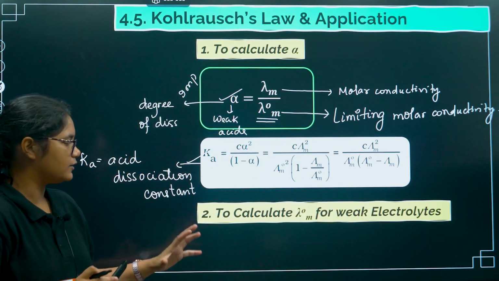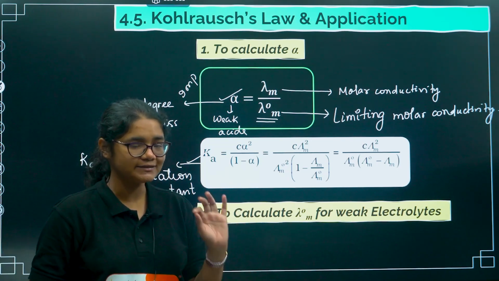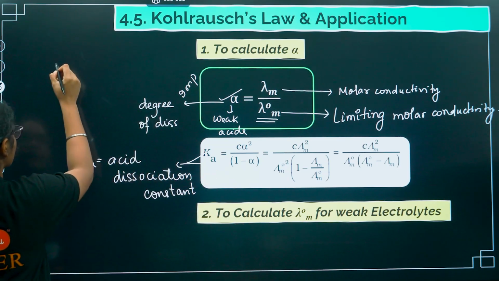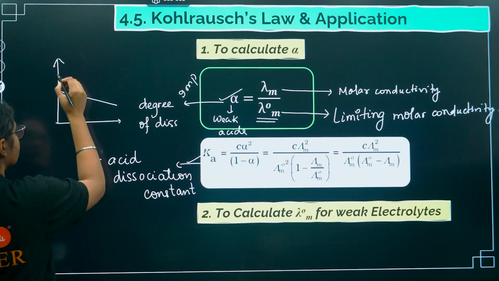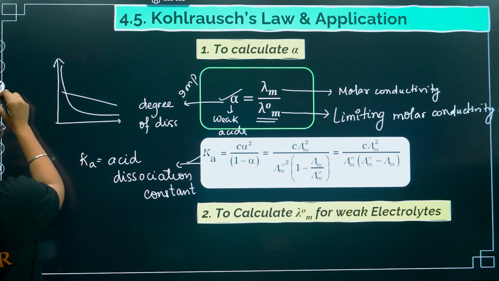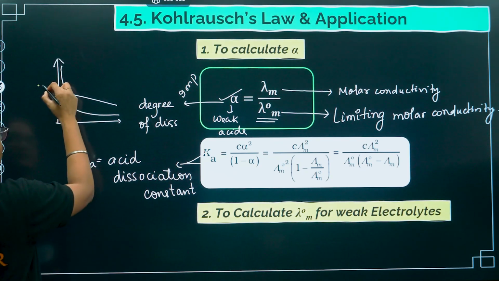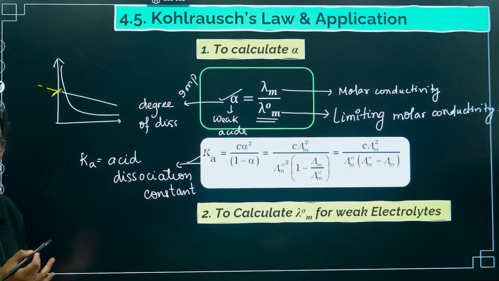Now why is it not required for strong electrolytes, why is it required for weak electrolytes? If you have seen the graph, for strong electrolyte the graph was like this and for weak electrolyte the graph was like this, right? So for strong electrolyte, if we extend this graph, then we can calculate the lambda naught m. The y-intercept was lambda naught m, right?